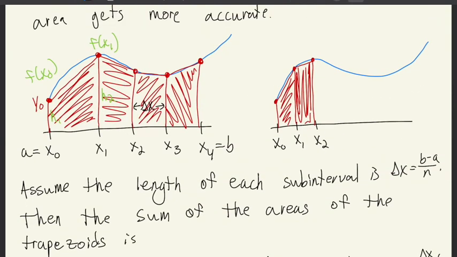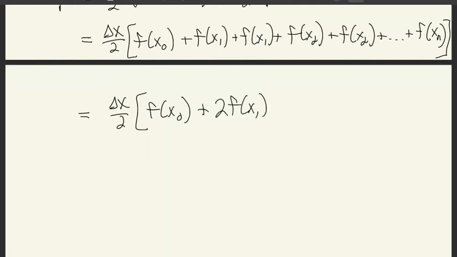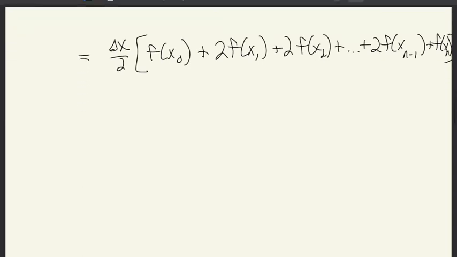And then you have the last one, which will only appear once as the last edge in the last trapezoid. Okay, well, this is delta x over 2 times f of x0 plus 2 f of x1 plus 2 f of x2 plus dot, dot, dot plus 2 f of x(n minus 1) plus just 1 f of xn.